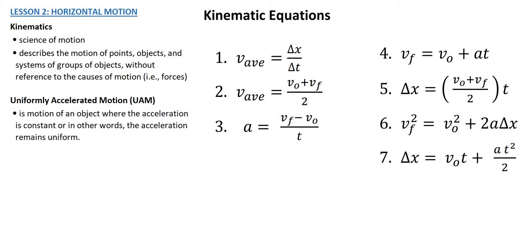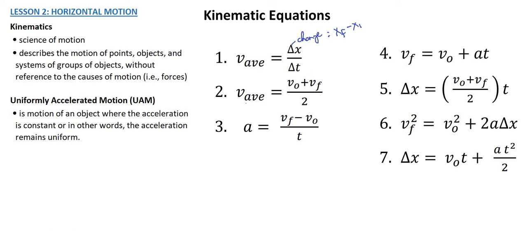So, delta is change. Okay. If that is change, of course, that is equal to your final displacement minus the initial displacement. The same with time, that's the change in time, the final time minus the initial time.